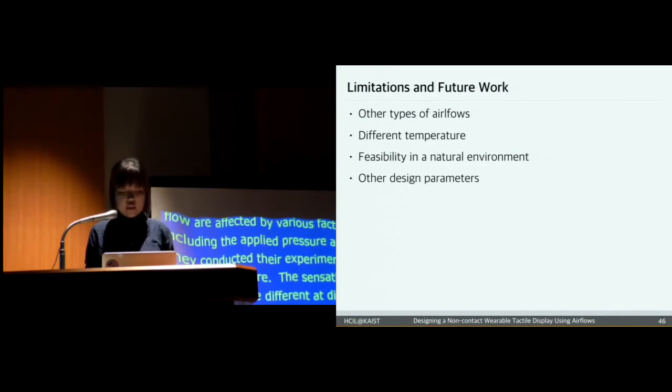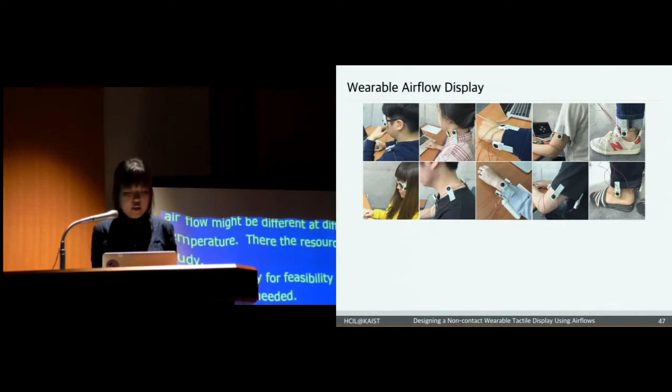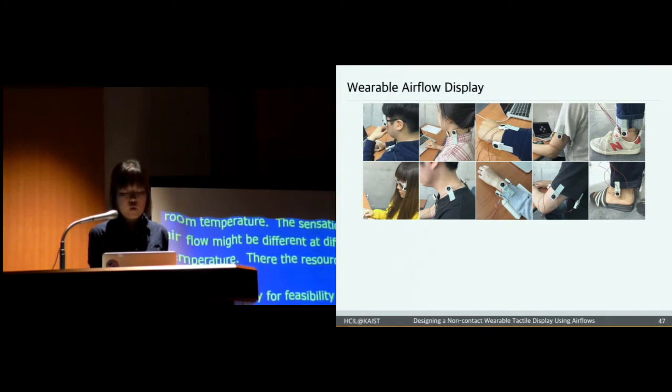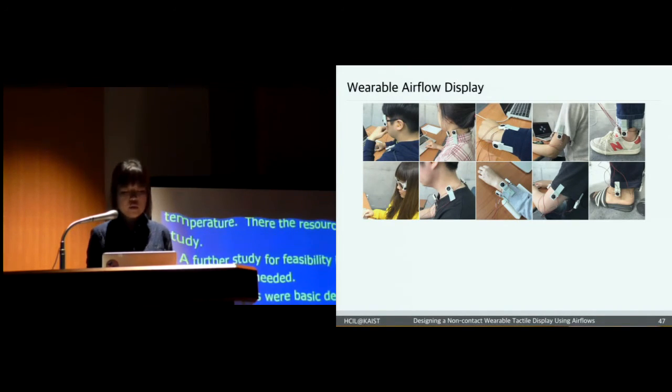The absolute thresholds were basic design parameters for designing simple patterns in experiment 4. To increase the expressibility of airflow, a further study for JND or SOA is needed. Though we evaluated the human perception and the performance of an airflow display, the prototype is to support the psychophysical experiments rather than a wearable prototype.